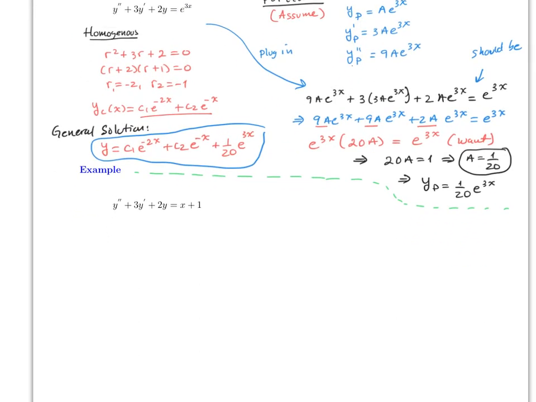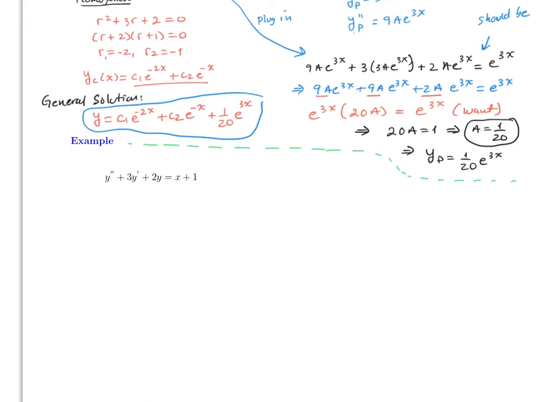All right, so let's try the second example. Notice that the left side is the same, which means the homogeneous solution is going to be the same one that we already got. Remember, the homogeneous solution will be C1 e to the minus 2x plus C2 e to the minus x, because we did that one for the previous one.